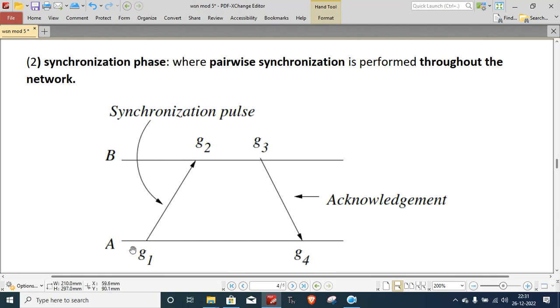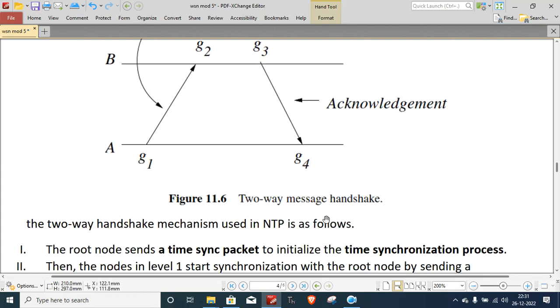Because it's a hierarchical structure, think of this as level 2 and this as level 1, where level 1 first passes on its synchronization pulse and receives an acknowledgement from the upper level. So it's a two-way message handshake.